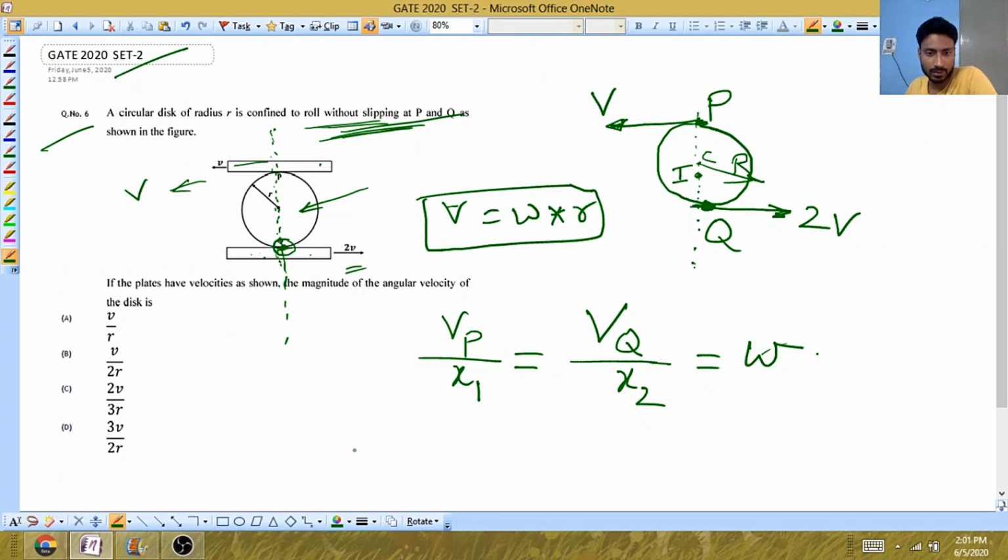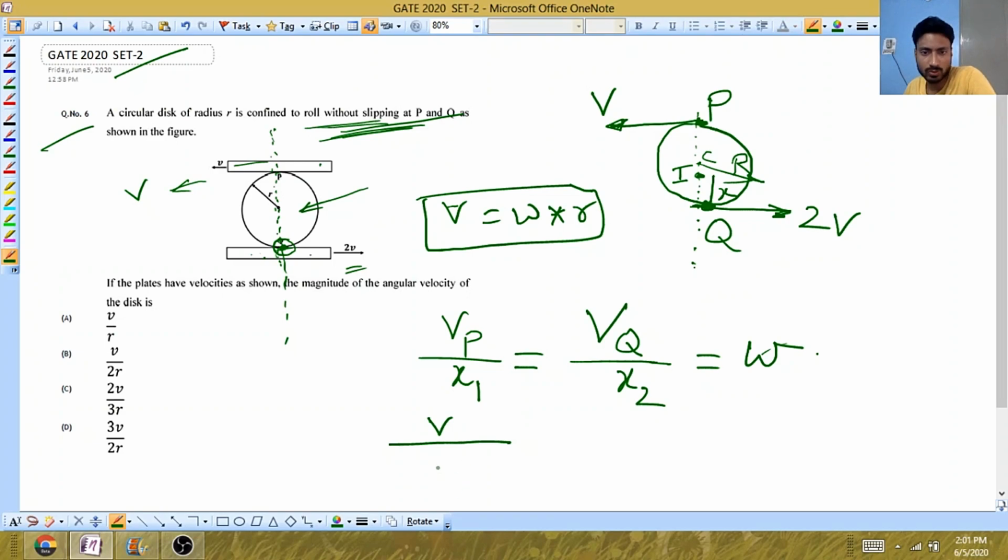So you can see the velocity at point P is v, and since we don't know where the I-center is located, you can take this distance from Q as x.